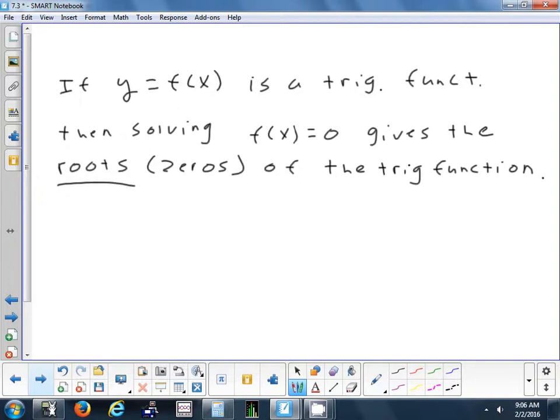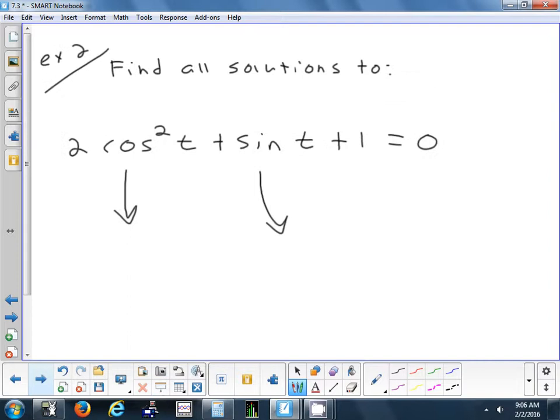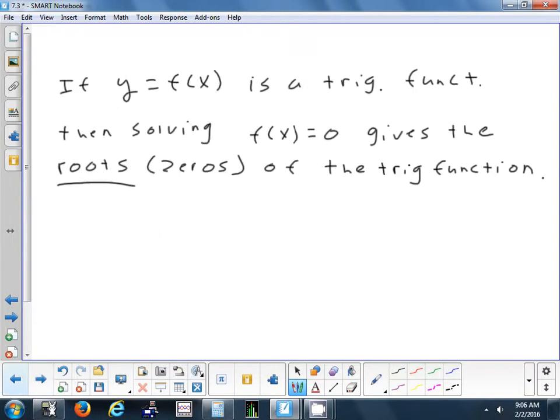That's how a lot of the problems are going to be set up. They're not going to put something on the left and something on the right. They're going to give you an equation equal to 0, like this one. There's no intersects to find here unless you move something to the other side, which we're not going to do. We'll just leave it equal to 0, and we'll calculate the x-intercepts, the roots.